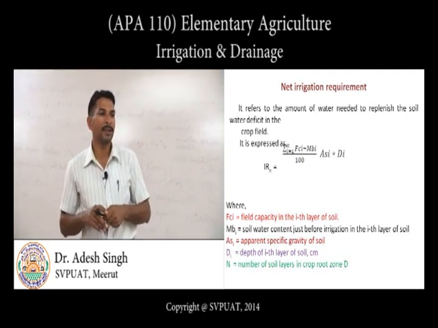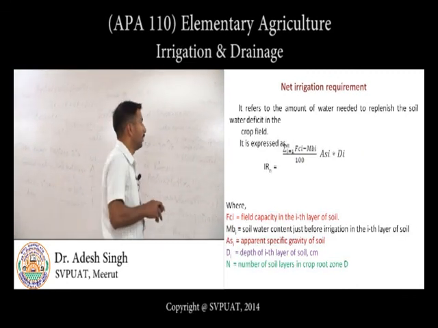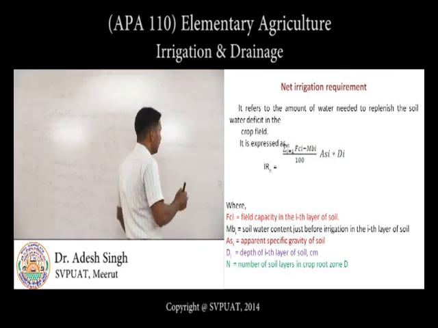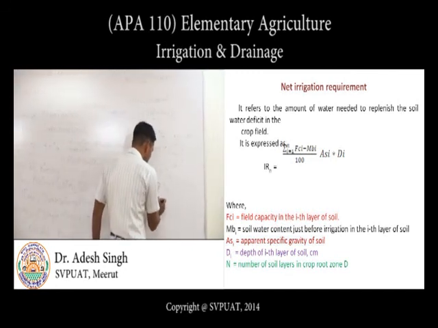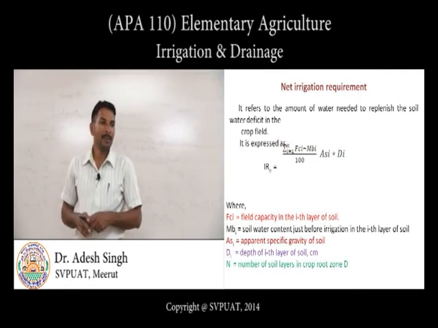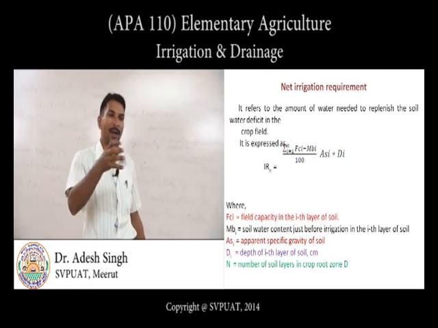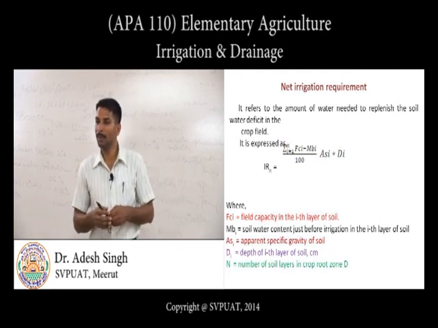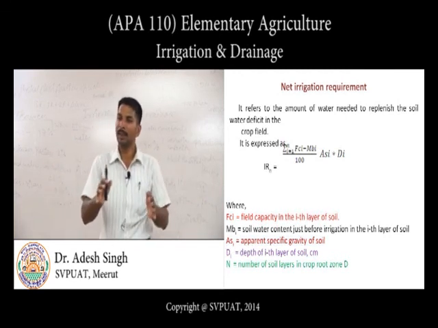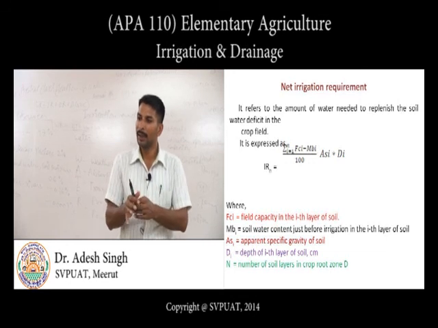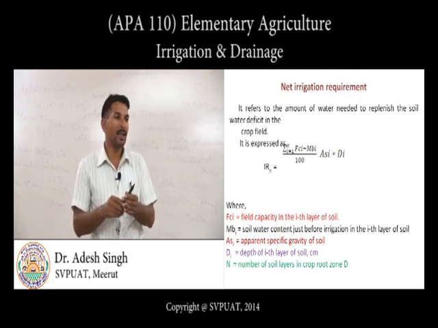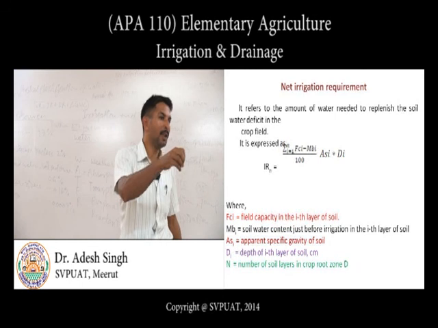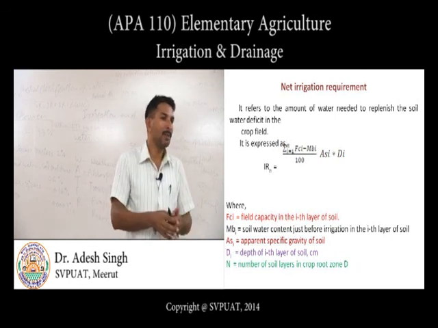Another is the gross irrigation requirement. Net means whatever total water is required for the crop plants, and gross means, for example, if a crop requires only 400 millimeter of water, this 400 cannot be applied in a precise manner. Clear?